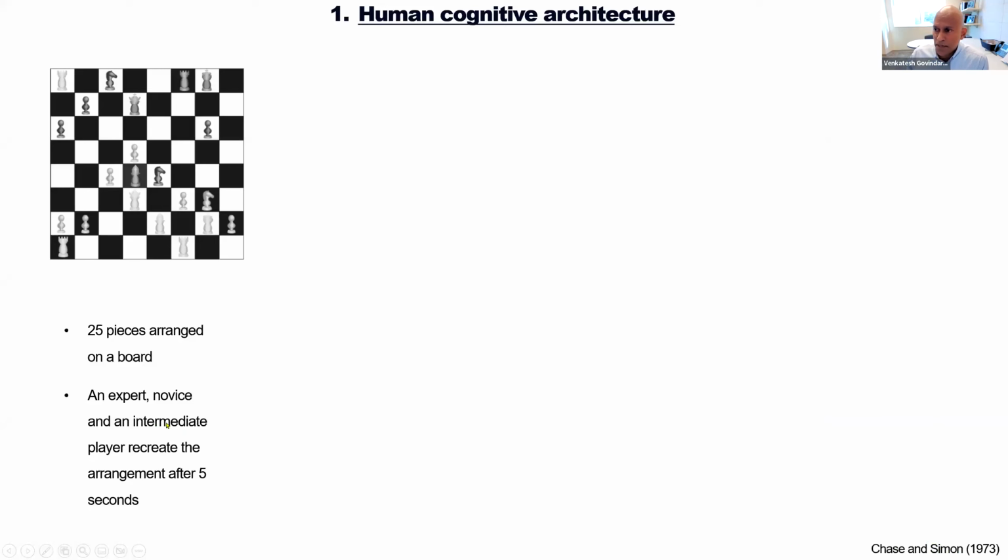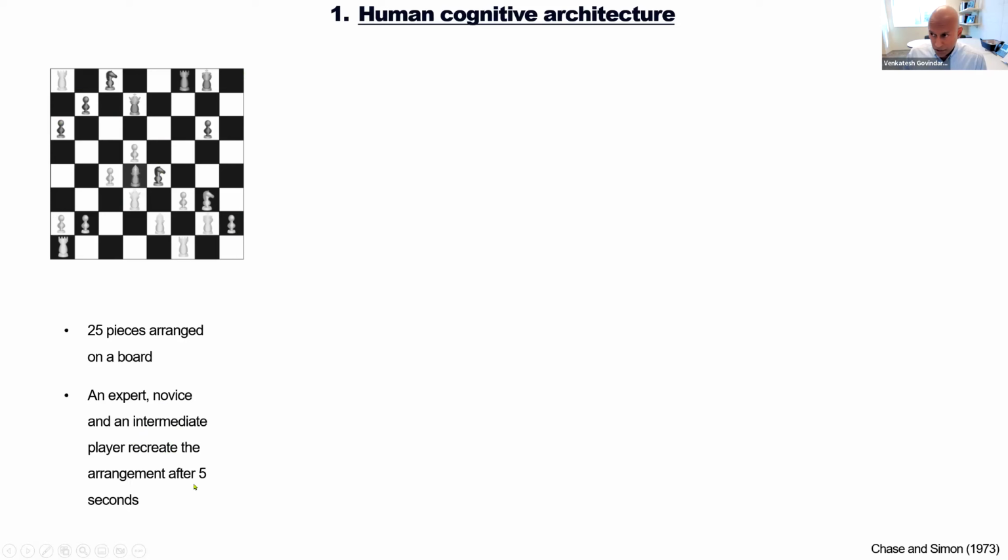He went on to win the Nobel Prize in economics for something totally unrelated. So he chose three types of people: a grandmaster in chess, a beginner, and an intermediate player. And each was shown a board with some 25 pieces arranged based on some past game that was played before.